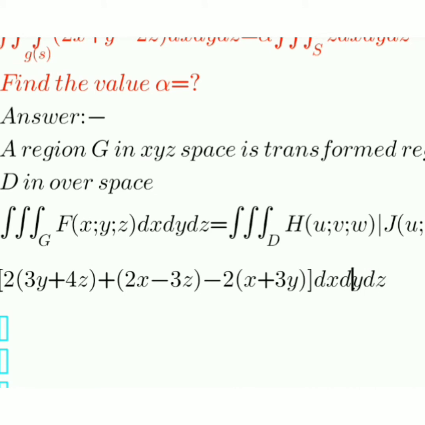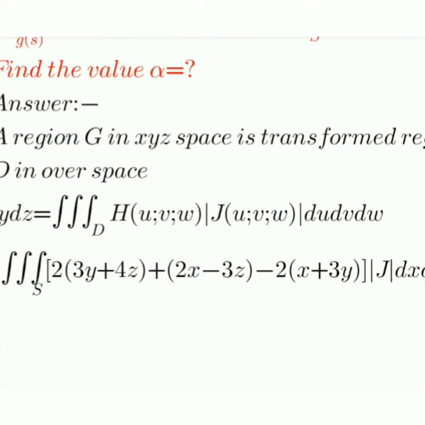And also there is a Jacobian. So friends, x is converted into 3y plus 4z in here. I just explain everything. And y transforms into 2x minus 3z, friends, and z tends to x plus 3y.